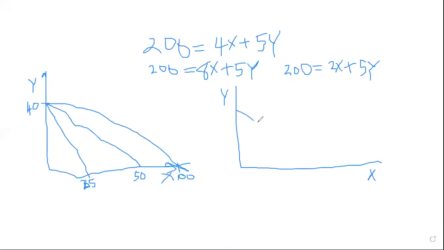And then we have our initial budget line where we had 50 for X, and then we had 40 for Y. So now again, let's do the same. We double the price of Y so that the new budget line becomes 200 is equal to 4X plus 10Y.